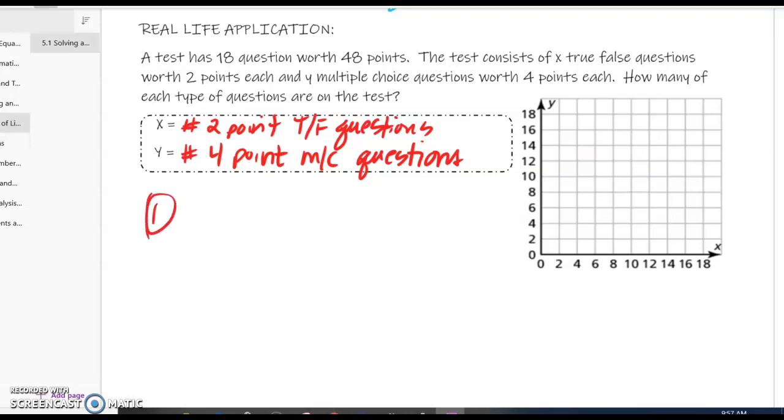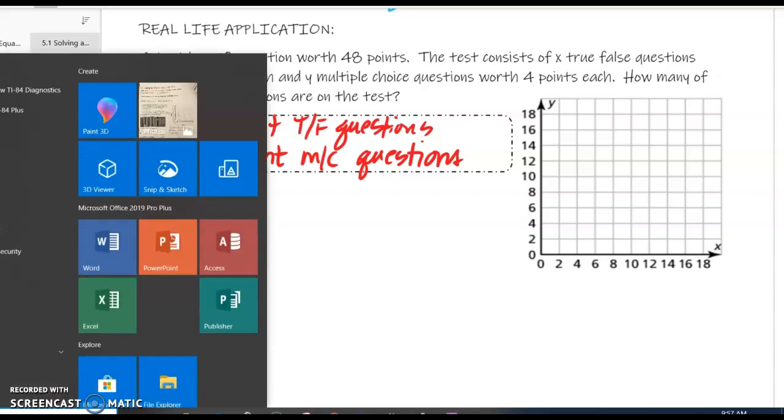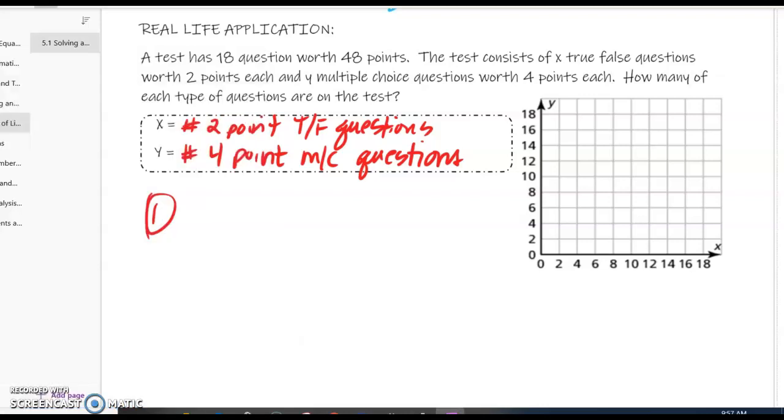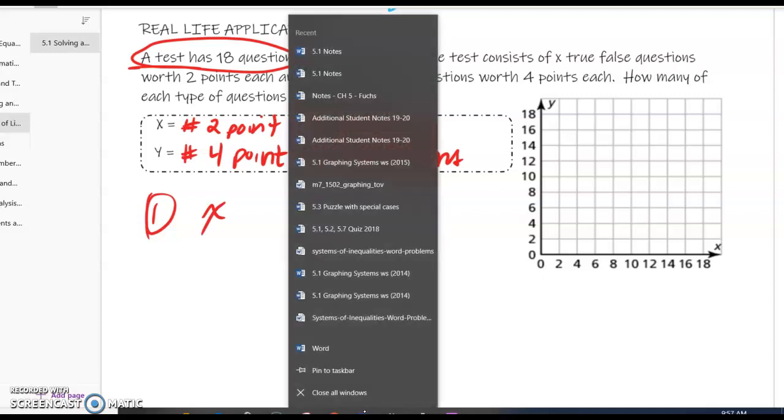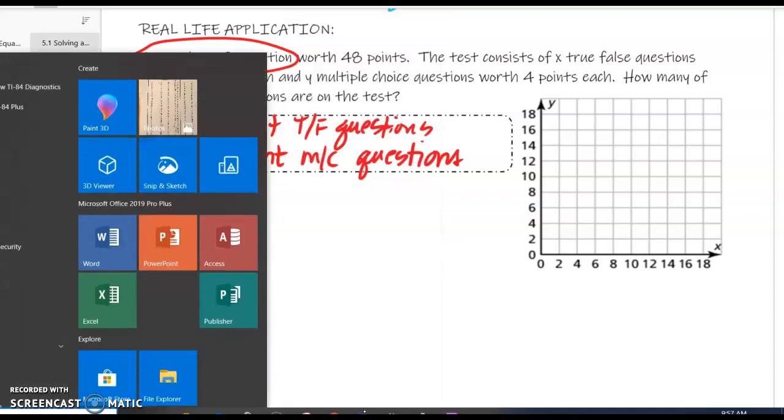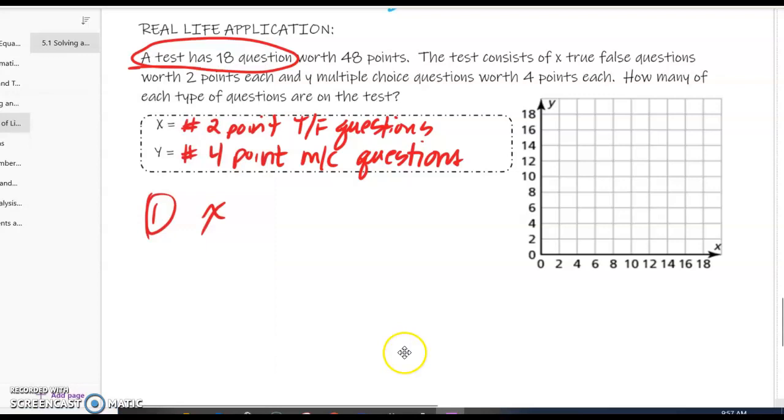So equation 1 is going to come from this first sentence up here, right here, this piece of information. There are a total of 18 questions. So if you have some 2-point questions and some 4-point questions, my first equation is x plus y equals 18.